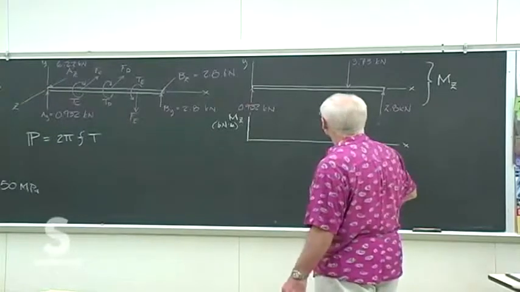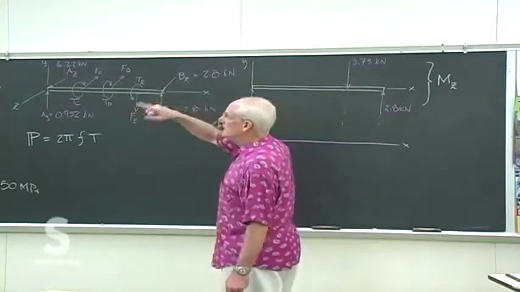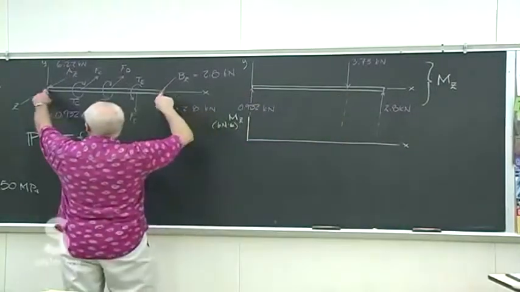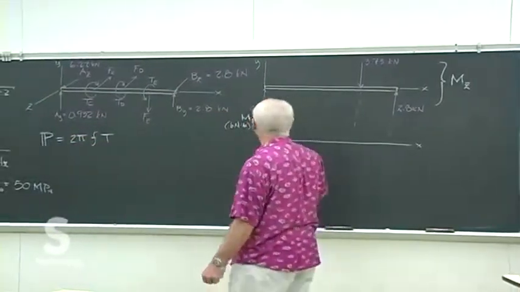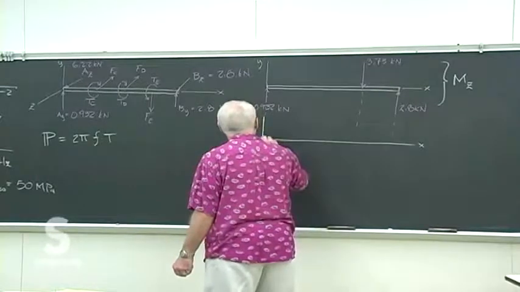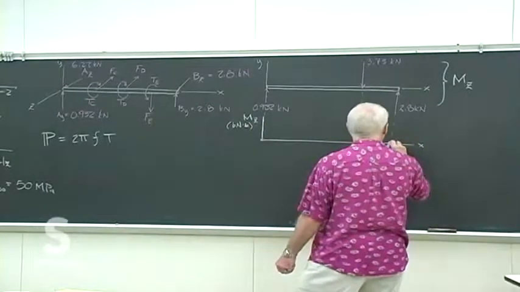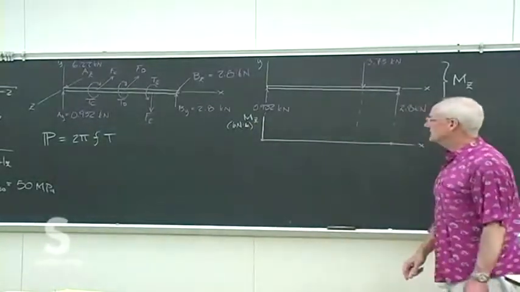So let's see, because the two ends are simply supported with just journal bearings that can maintain no significant moment, we know that the two end moments are 0.